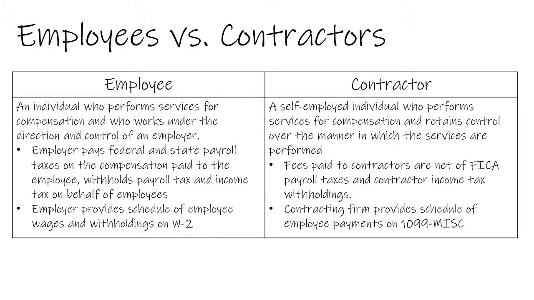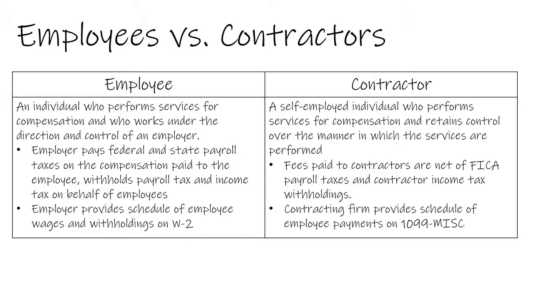One consideration from the employer side is how they should classify the people doing work on their behalf. An employee is an individual who performs services for compensation and who works under the direction and the control of the employer. For any employee on the employer's payroll, the employer pays federal and state payroll taxes.